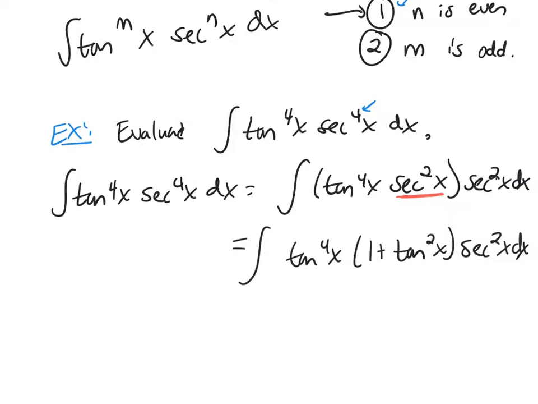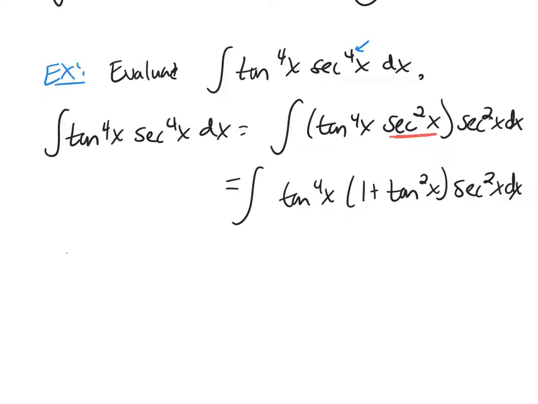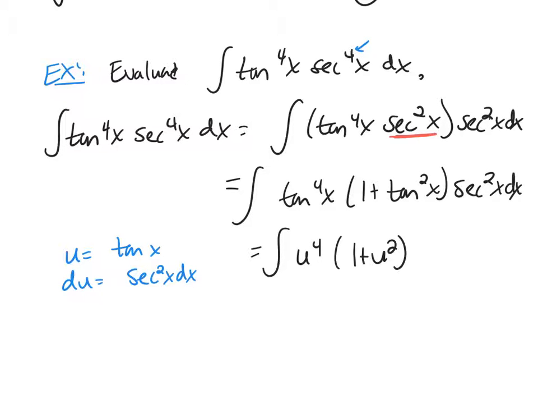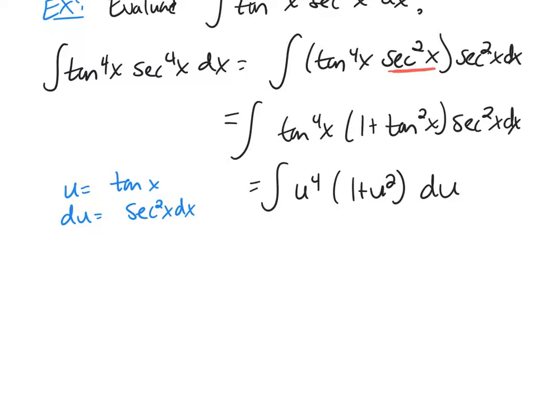And now we can just do a u substitution. Our u would be tangent. The derivative of tangent is secant squared. So I'm going to get u to the 4th, 1 plus u squared du. So you just need to get rid of the multiplication by distributing.